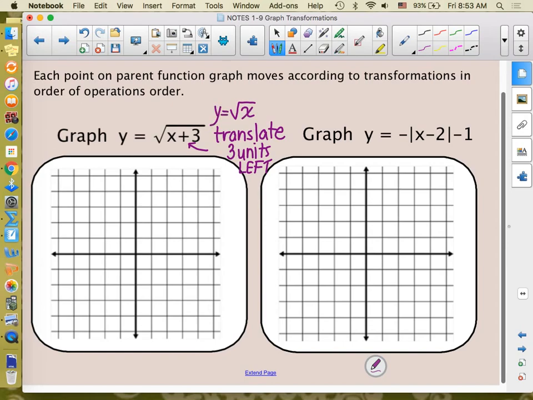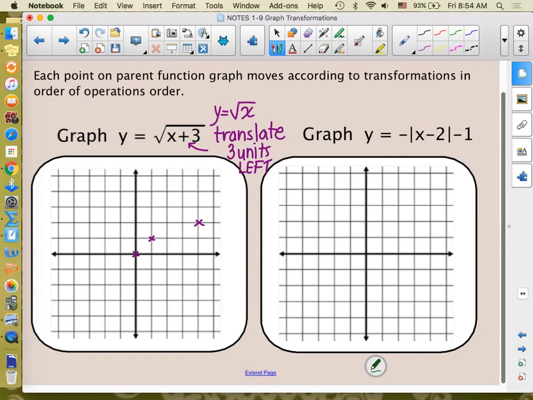to the left. Now, to make my graph, what I like to do is put my parent function points down, what it would be with the plain old square root of x, but since they're not my final points, I don't want to connect them and say that that's my final answer. So I'm just going to start with 3 points that would make up the regular parent function of the square root of x. Notice how I put them as x's, I did not put them as solid dots, they are not my final graph.